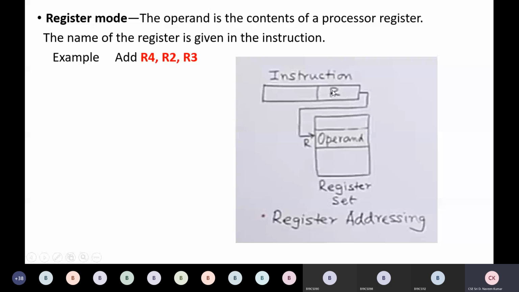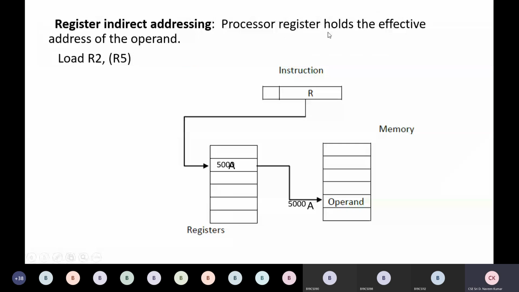So R4 refers to the R4 register, R2 refers to the R2 processor register, and R3 also to the R3 register. This is register mode, where the operand is pointing to the contents of a processor register.